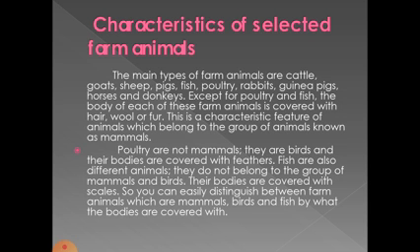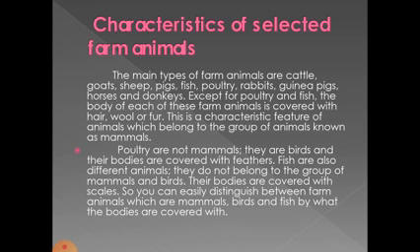Characteristics of selected farm animals. The main types of farm animals are cattle, goats, sheep, pigs, fish, poultry, rabbits, guinea pigs, horses, and donkeys.